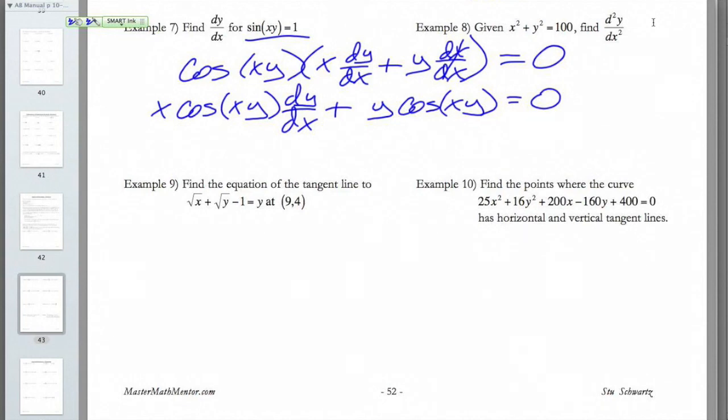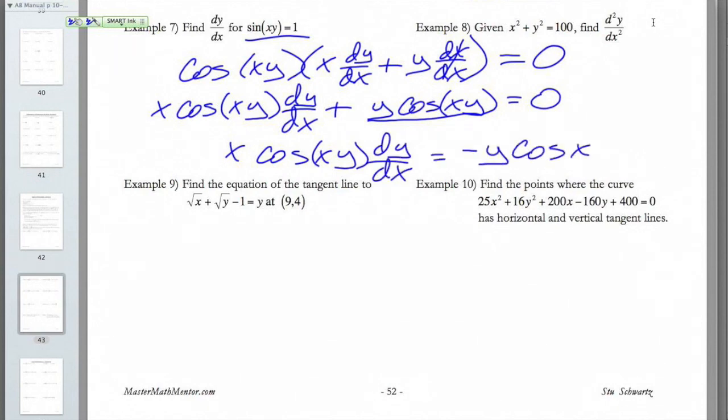I can subtract what? When I want to subtract that one over, if I'm trying to get dy/dx by itself, I'm going to subtract that to the other side. And then all that's left is to divide.